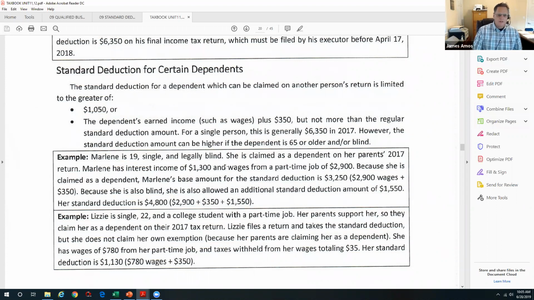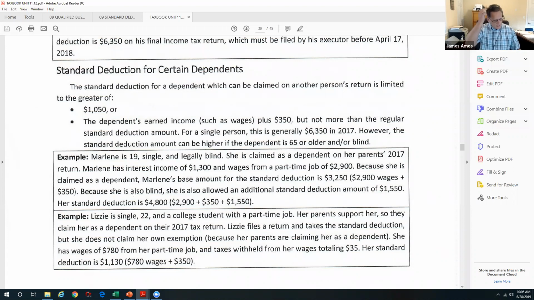Marlene has interest income of $1,300 and wages from a part-time job of $2,900. Because she is claimed as a dependent, Marlene's base amount for the standard deduction is $3,250, the $2,900 plus the $350. Because she is also blind, she is also allowed a standard deduction amount.